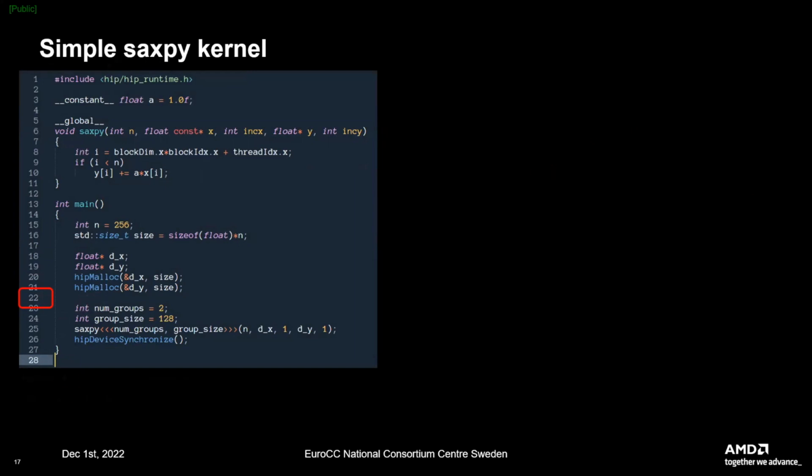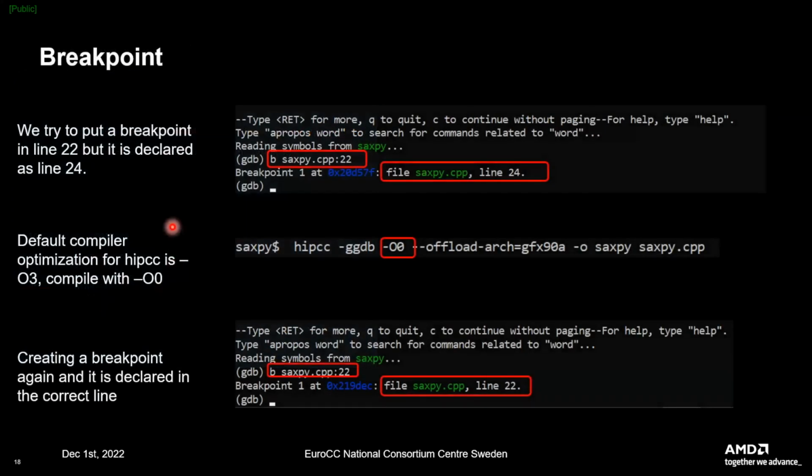So what happens is that when you compile with hipcc, your default optimization mode is O3. If you want better correlation with your source code, and I'm not saying it's always necessary, sometimes ROCgdb can take any level of optimization, O3, O1, O2.